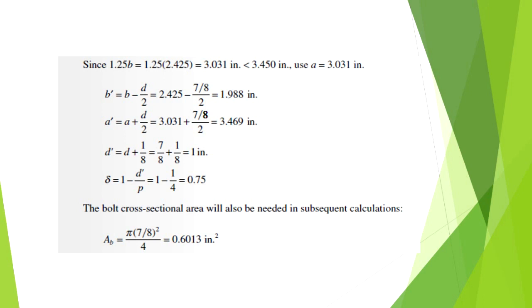Elongation is equal to 1 minus d prime over p, which is 1 minus 1 over 4, equal to 0.75. The bolt cross-sectional area will also be needed in subsequent calculations. Area of the bolt is equal to pi times (7/8) squared divided by 4, which is equal to 0.6013 square inches.